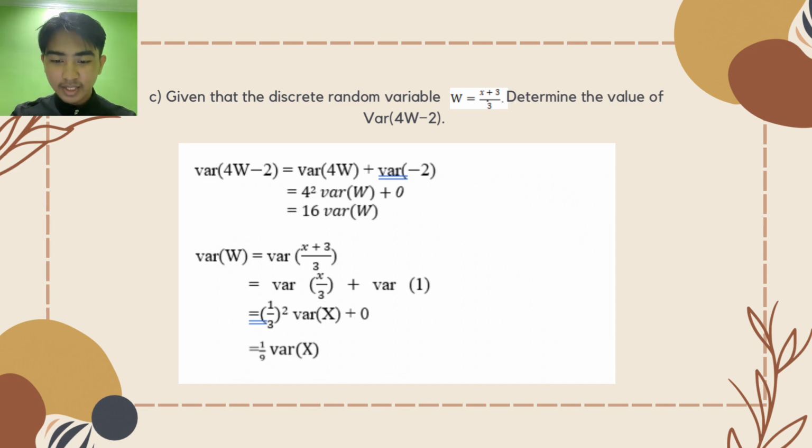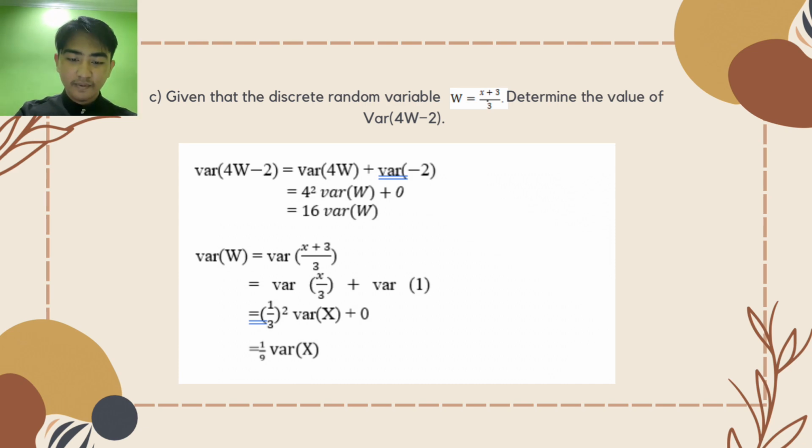We factorize it into the variance of W plus the variance of minus 2. Moving the 4 in front, we have 4 squared times the variance of W, plus the variance of minus 2, which is 0. Then we get 16 times the variance of W.